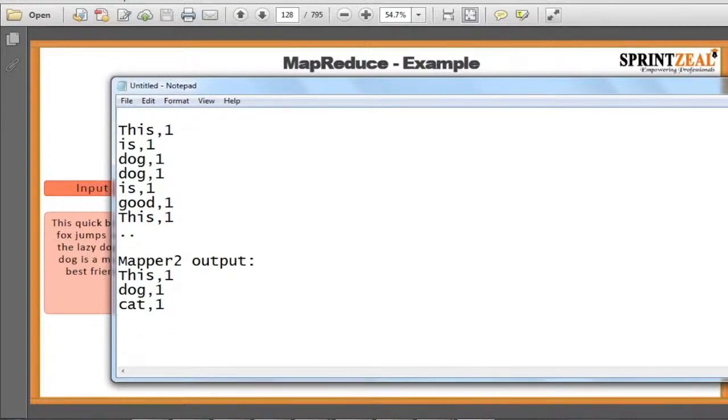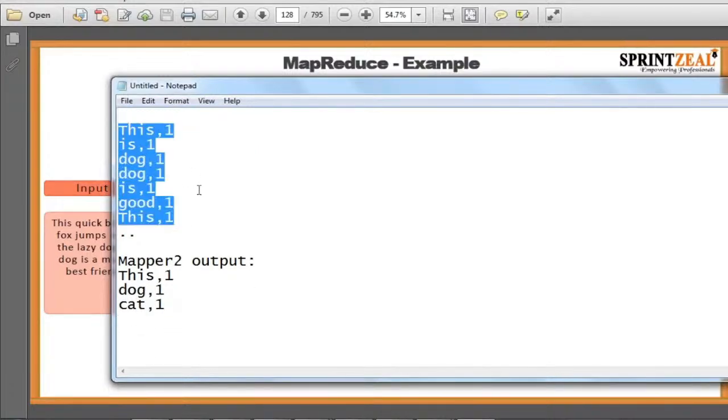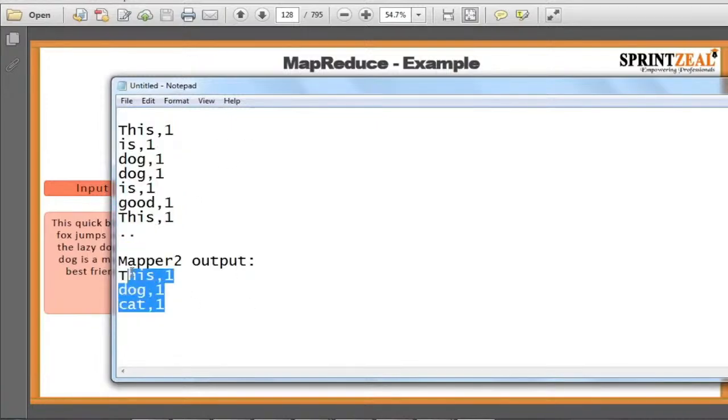So what I have is two outputs, one from mapper 1 and another from mapper 2. Unless I bring all the data for this dog and this dog together, I can never do 1 plus 1 plus 1 unless I have all the data for the dog together.